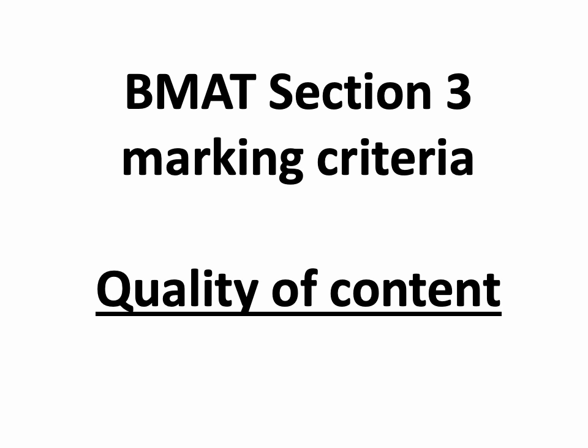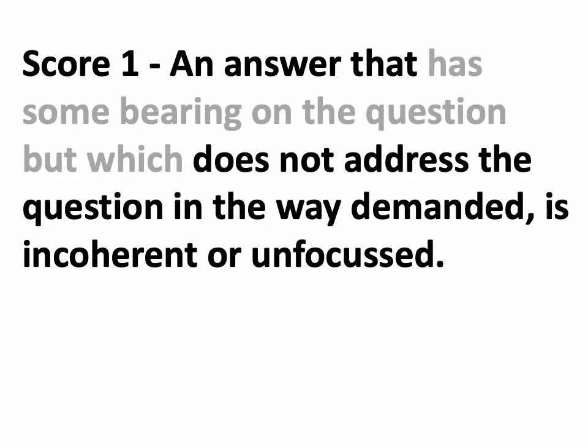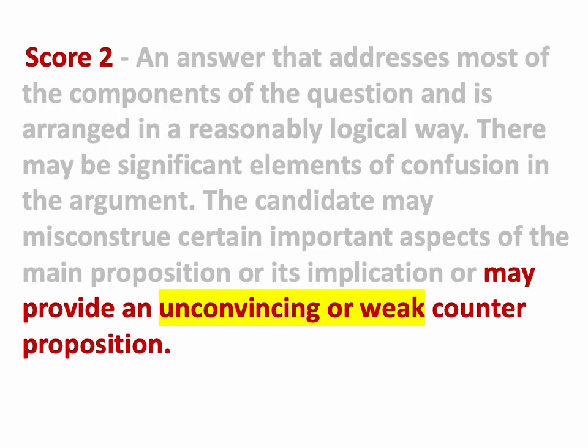Failure with this aspect of our essay is going to mean we won't be able to proceed to the higher marks under the quality of content marking criteria. And that's just what we see at scores of 1, where a counterposition is not forwarded at all. This really is a very rare case because a candidate's comprehension of the task, that is if they've completed sections 1 and 2 of the BMAT, normally demands that they be able to read the rubric in section 3.